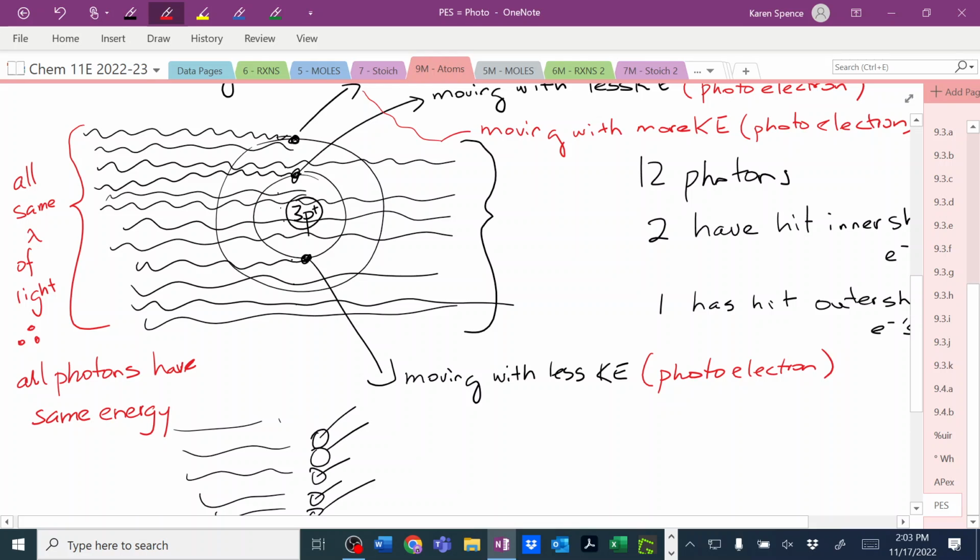And that's kinetic energy. So far, so good?